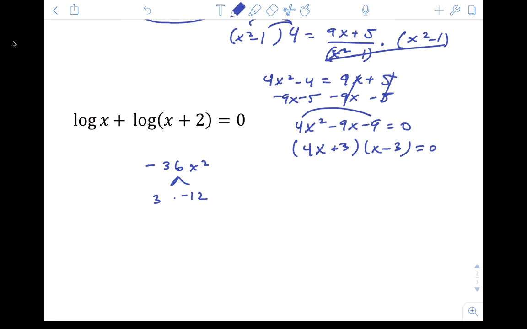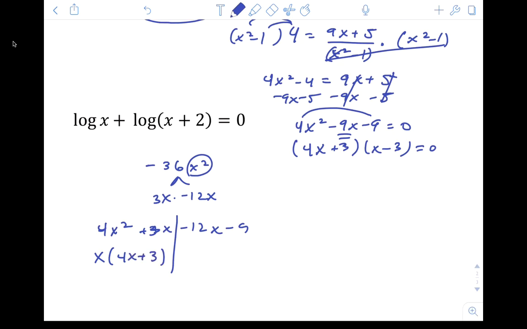And when I plug that back in, 4x squared plus 3x minus 12x minus 9 goes in here. And yes, those are x's, I forgot, because that's x squared. So then we break it up by grouping. The GCF of 4x squared plus 3x would be x, leaving 4x plus 3.